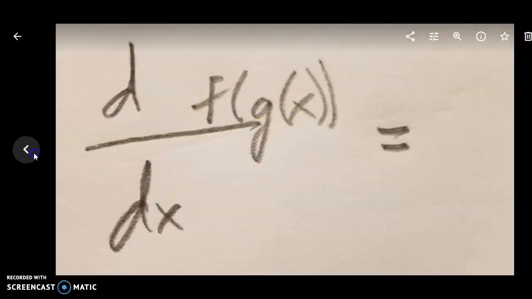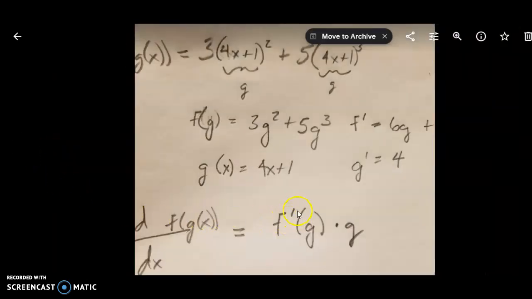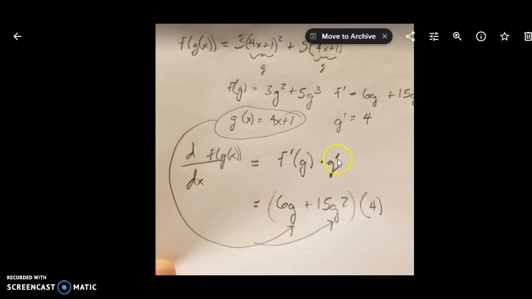So when we take its derivative, the outside function with inside remains the same. And then I forgot that prime again. Yes, there we go. I stuck it in, retook the pictures. So f prime was 6g plus 15g squared.